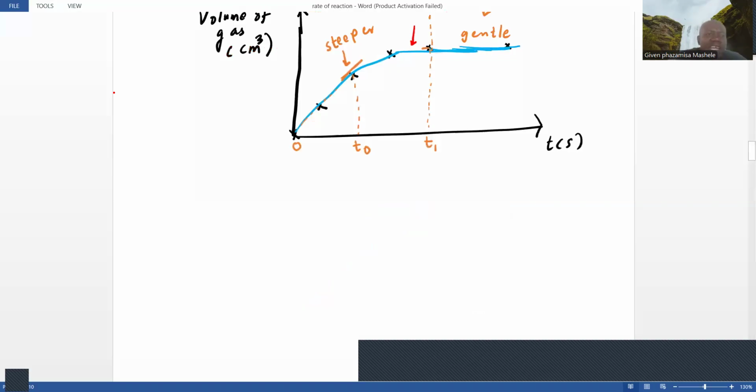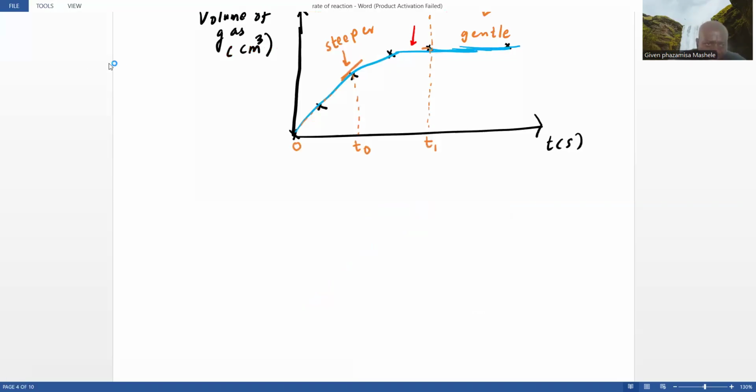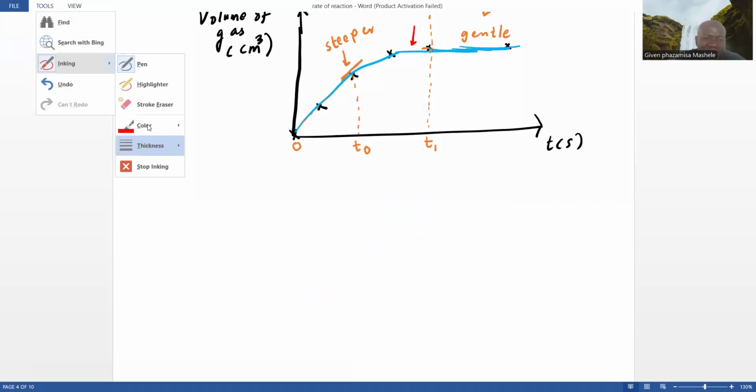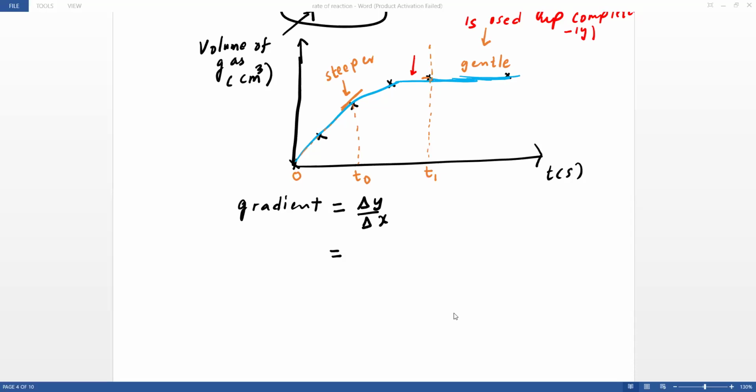To measure the rate of reaction when we are given a graph, we are determining the gradient. As I was saying, we can calculate the gradient between the volume of gas produced and the time. And remember, the volume is on the y-axis and time is on the x-axis.